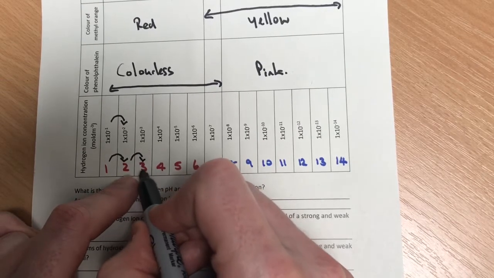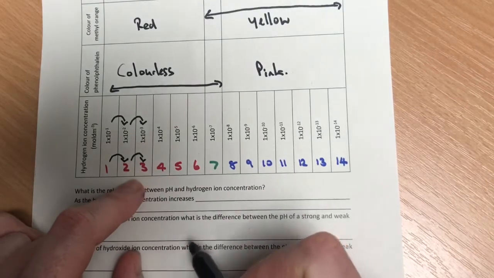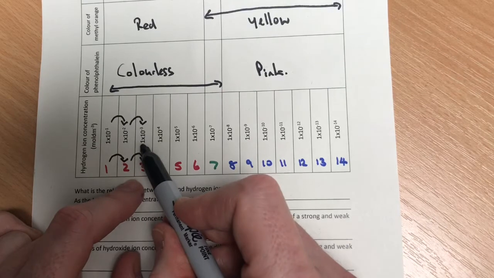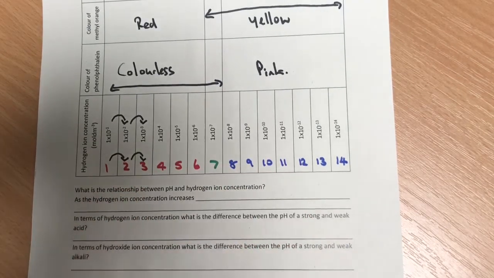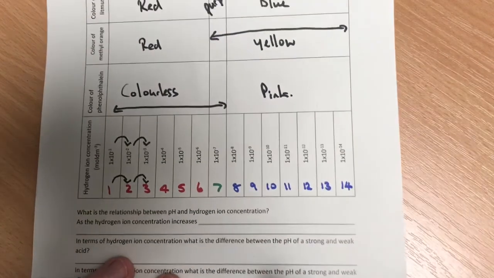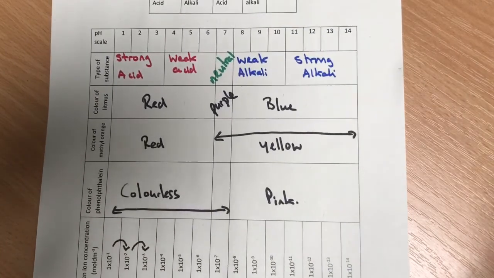The pH increases by 1, and this will decrease by a factor of 10. So a change in pH of 1 has a factor of 10 change in the hydrogen ion concentration that we see here. That should hopefully help you to complete that page and also to explain some of the questions at the bottom of the sheet with your responses.